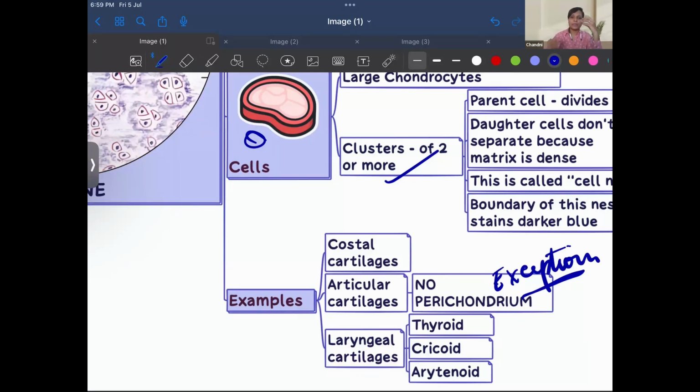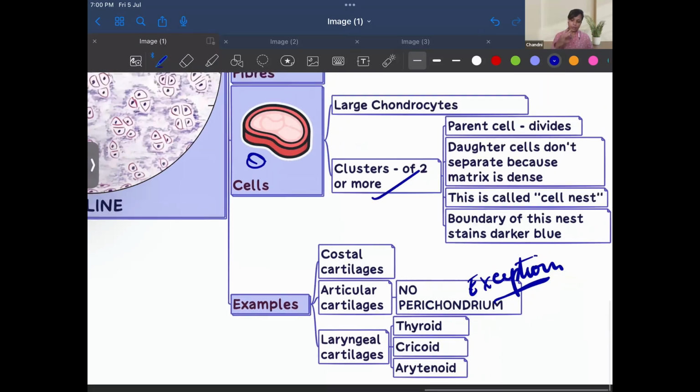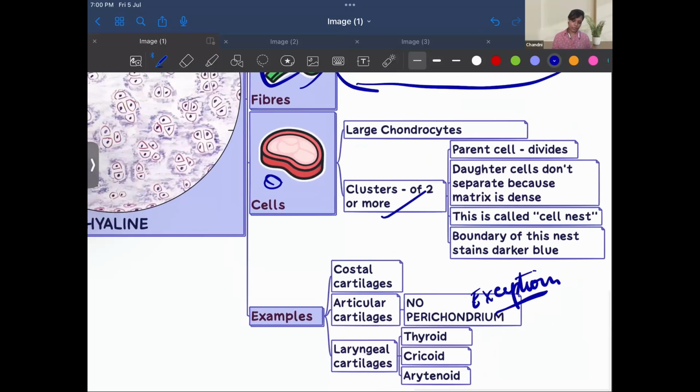Synovial joints need a fluid to lubricate the joint because you're moving it all the time. Every time you're walking, sitting, jumping, running, you're moving your knee joint. You need a lubricant. That lubricant is called synovial fluid, which is also rich with nutrients. And those nutrients actually supply the cartilage. So it doesn't have a perichondrium because all the nutrition comes from there.